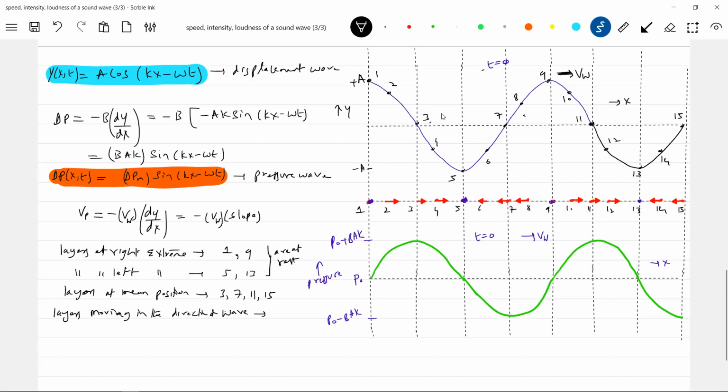Look at the red color arrows in the direction of wave propagation: 2, 3, 4 and 10, 11, 12.